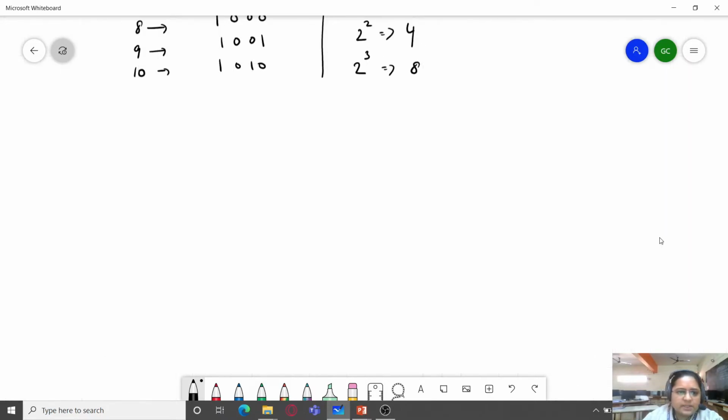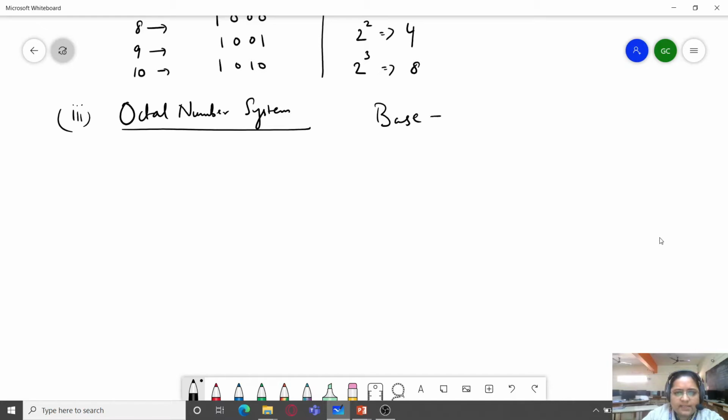Our next number system is the octal number system, which is base 8, which consists of the digits 0 to 7.